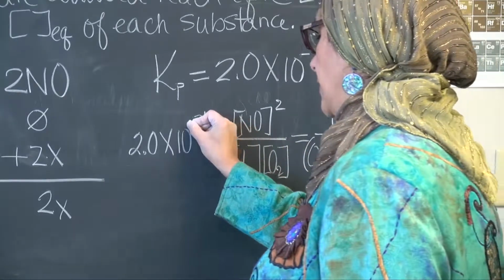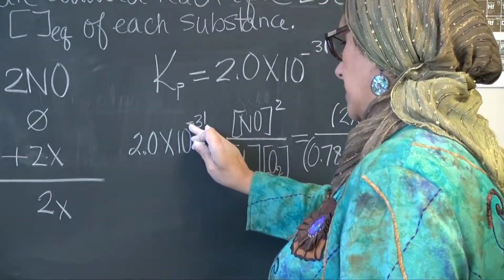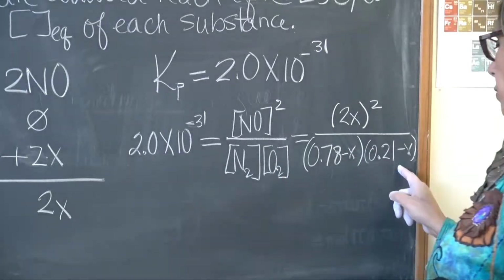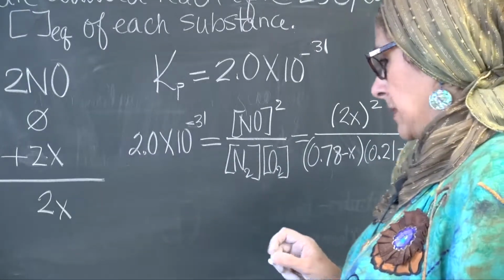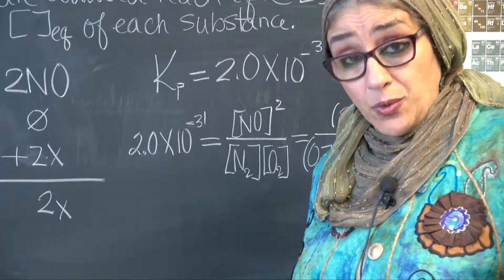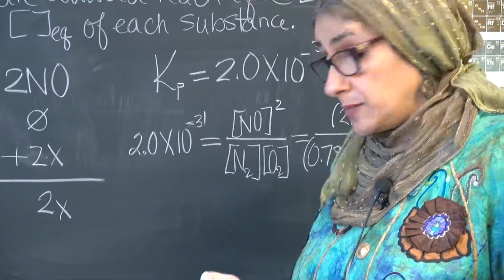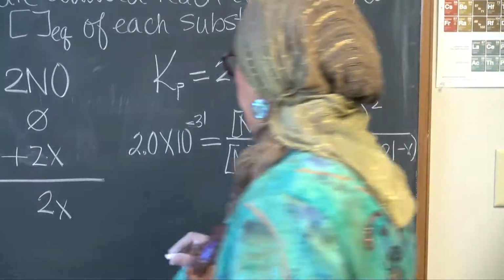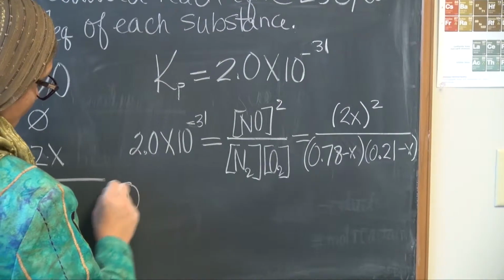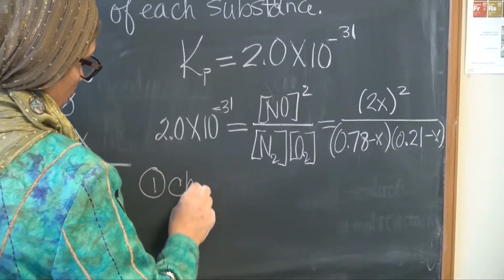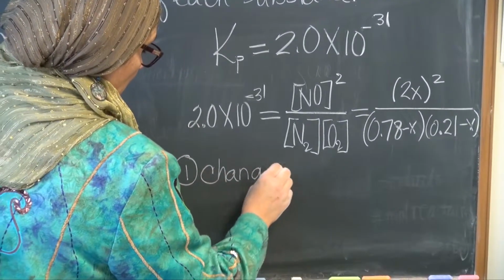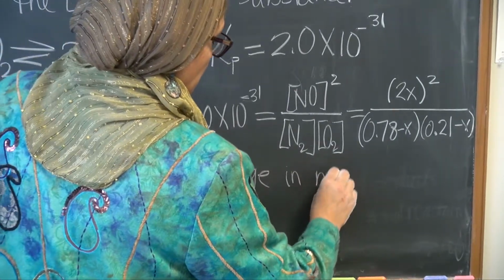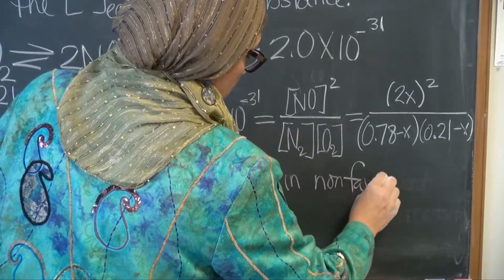For each binomial, there are two criteria that we have to meet in order to approximate and say that x is negligible. First, we have to have the change in the non-favored direction.